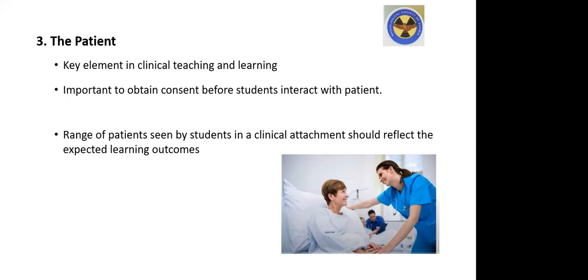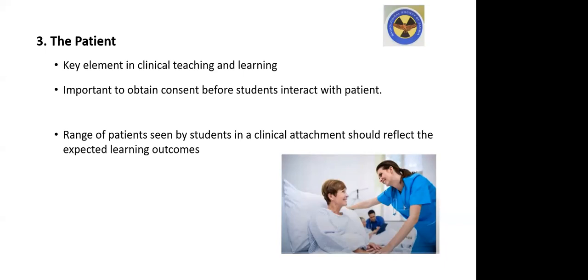So if your learning outcome is to ensure that students learn brain CT, MRI, whatever, ensure that all the patients who come, you already select that my students today, they are learning on this. Okay, so the learning outcomes should determine which kind of patients you are going to allow your students to see.